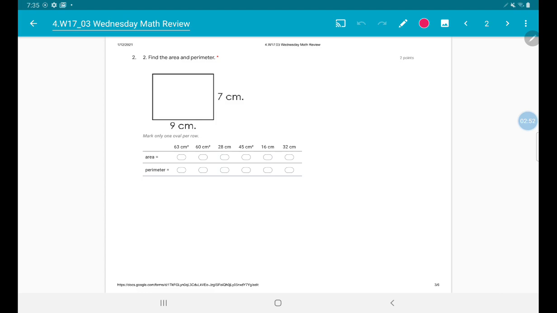Number 2, we have a rectangle that's 9 centimeters by 7 centimeters. It wants us to find the area and the perimeter. So to find area, we know we're going to multiply the length times the width, to find the space inside.